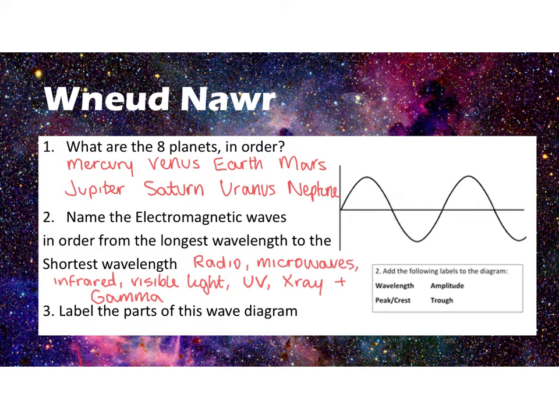Okay, so that's the order going from the longest wavelength to the shortest wavelength. So it's radio, microwaves, infrared, visible light, ultraviolet, X-ray, and gamma rays.